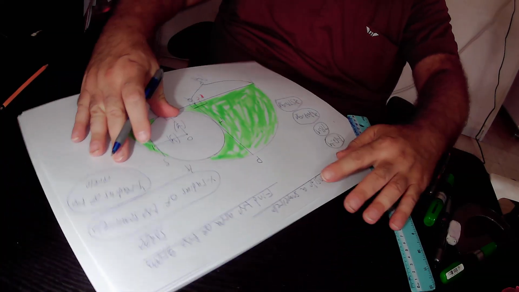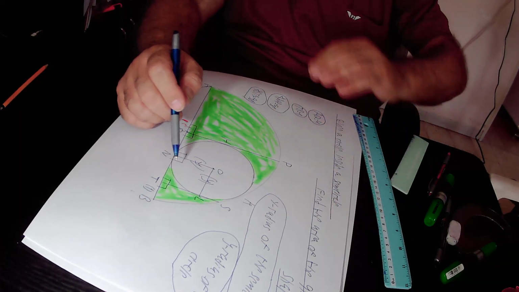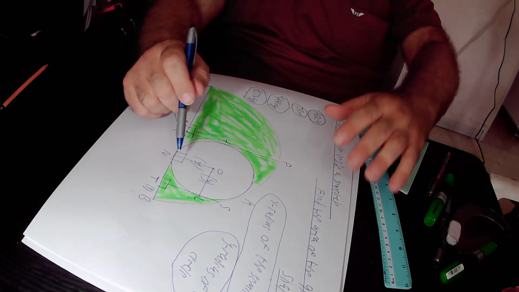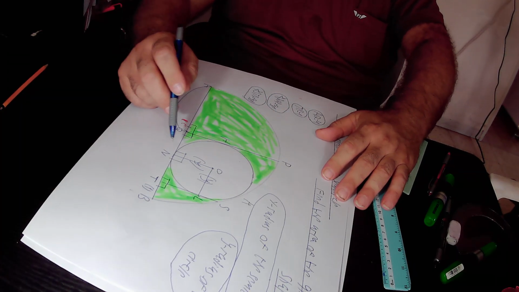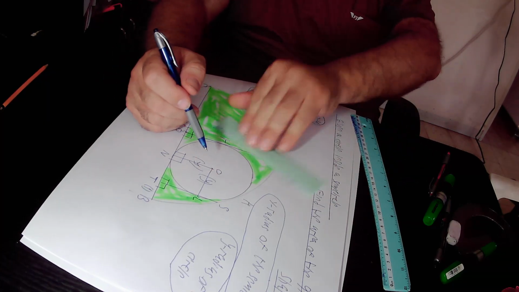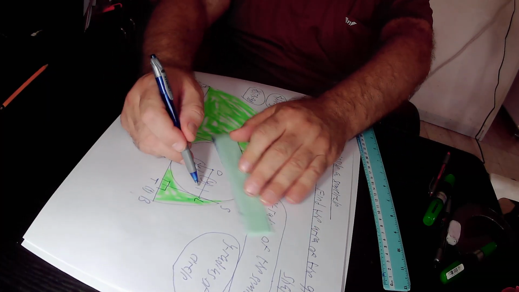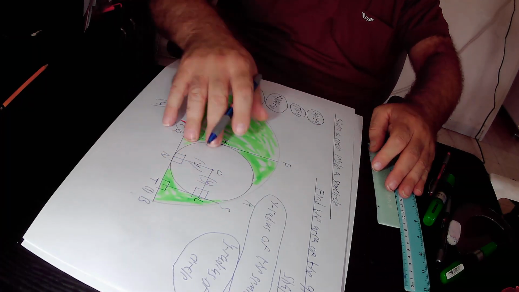The radius OL is drawn to point L, that is the point of tangency of tangent ST with this small circle. And whenever you have a radius that is drawn to the point of tangency, then tangent ST will be perpendicular to the radius LO. If ST is perpendicular to LO, it means that this angle equals 90 degrees, and this angle also equals 90 degrees according to the sum rule, rule 1.